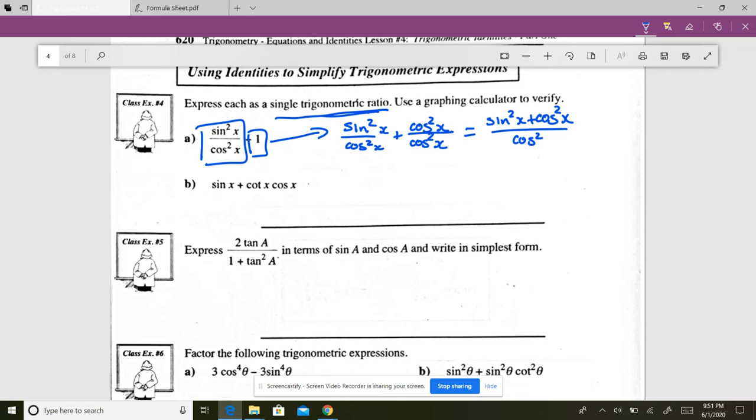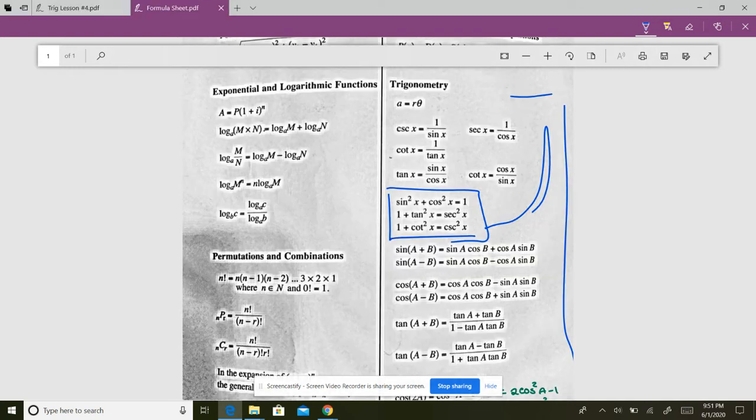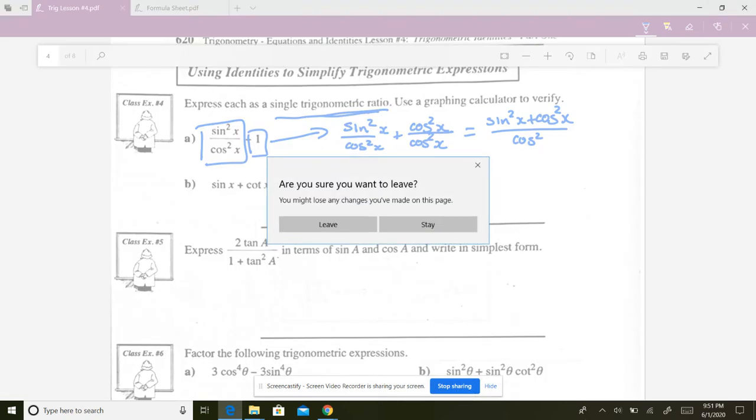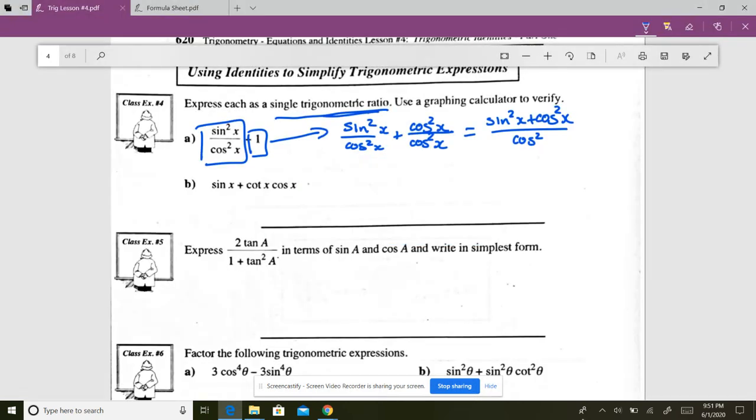And then this is where you hopefully remember your Pythagorean identities. Sine squared plus cos squared. Go to your formula sheet. Sine squared plus cos squared is equal to 1. So this is 1 over cos squared x.